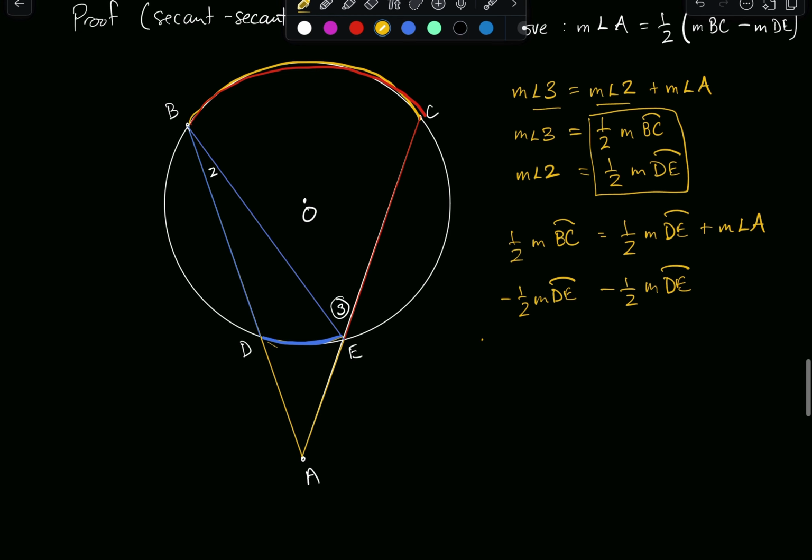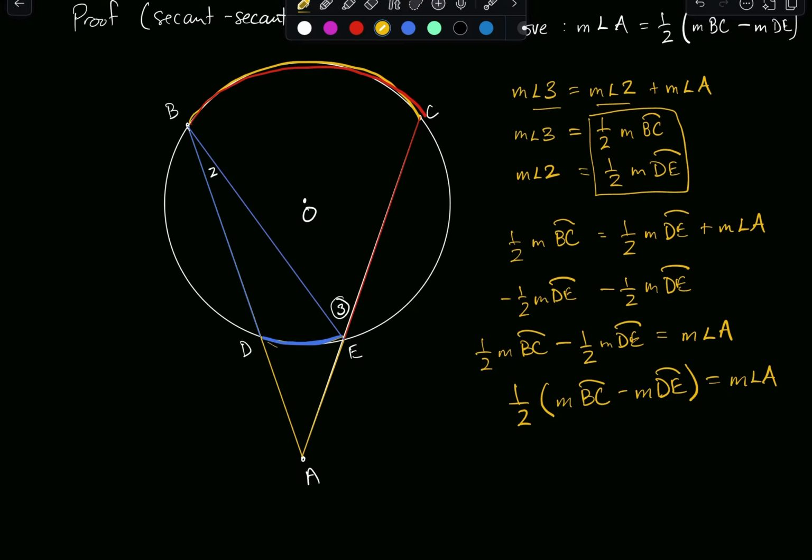That leaves me with 1/2 the measure of BC minus 1/2 the measure of DE equals the measure of angle A. And again, I can factor out the 1/2, and I get what I was looking for. The measure of angle A is equal to 1/2 of the difference of the two intercepted arcs.